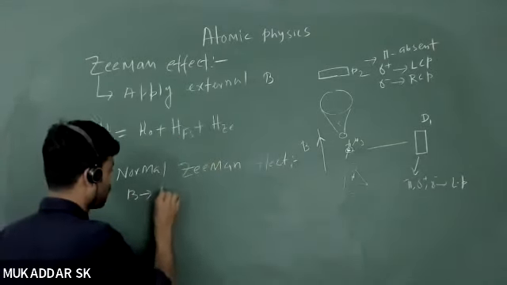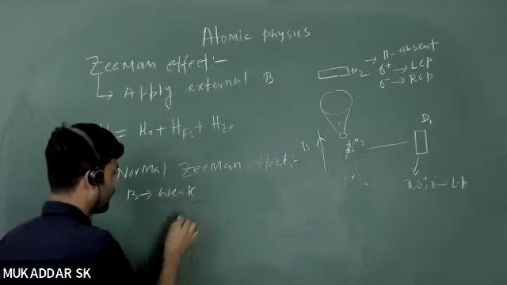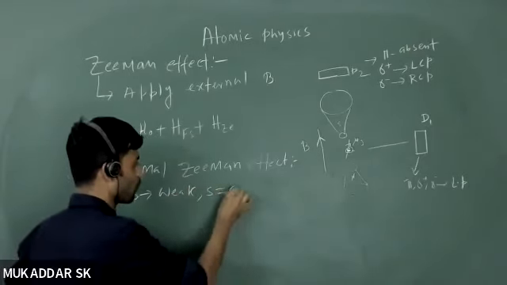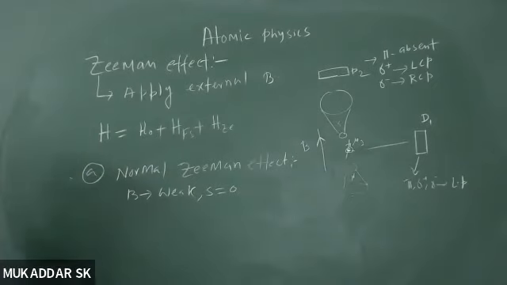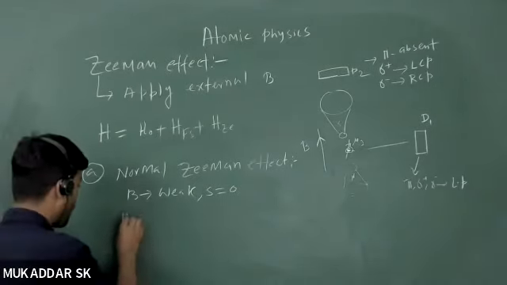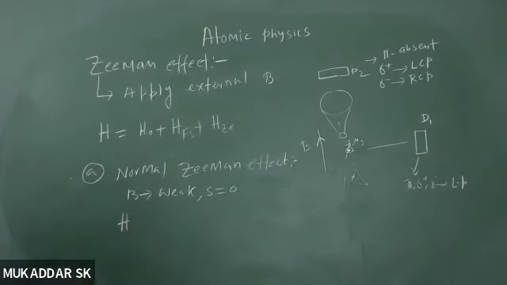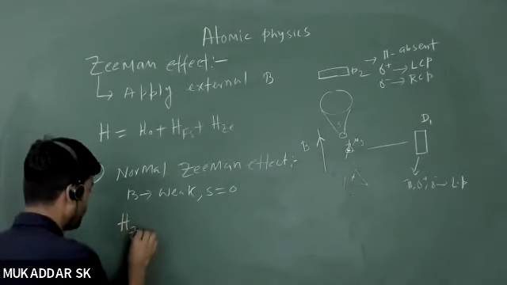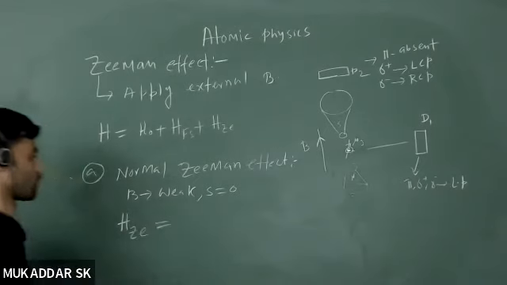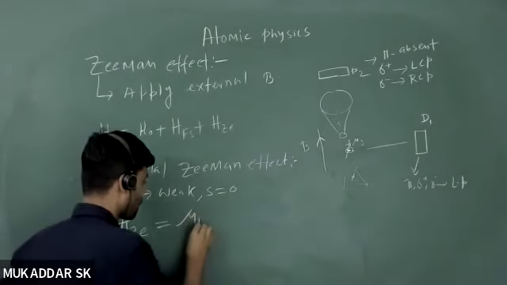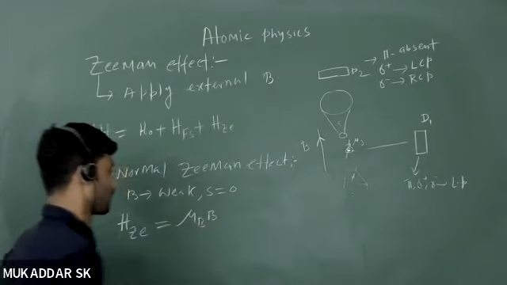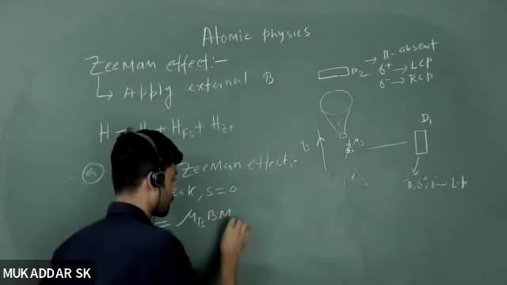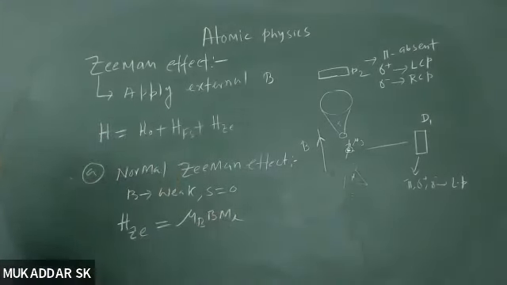B is weak and S is how much? 0, right? This thing is already discussed. So the part of the Hamiltonian due to this magnetic field will be how much? Mu B into ML, right? These things you know, right?